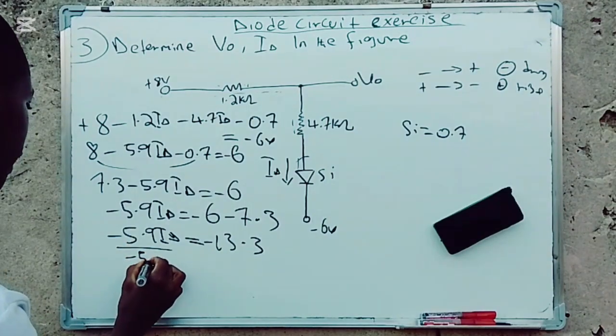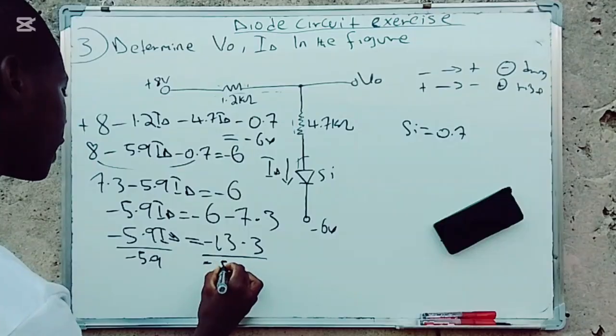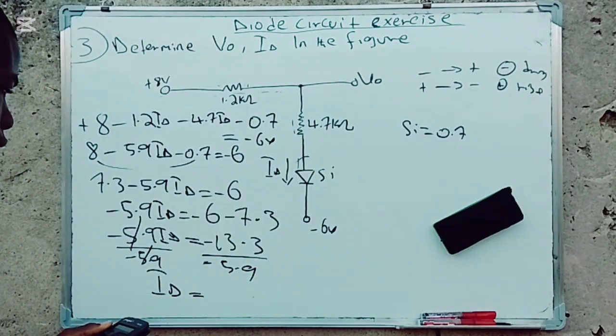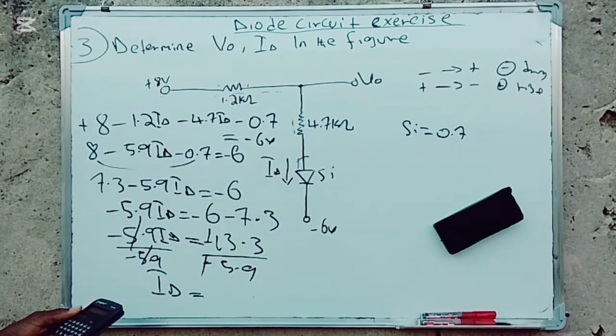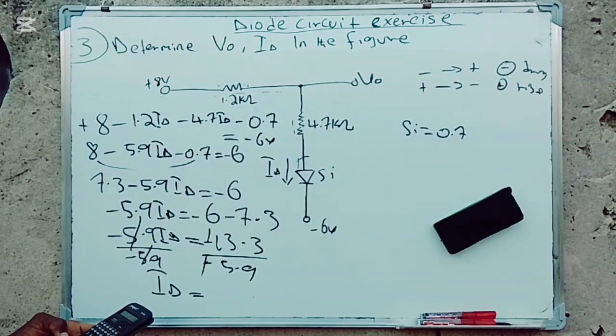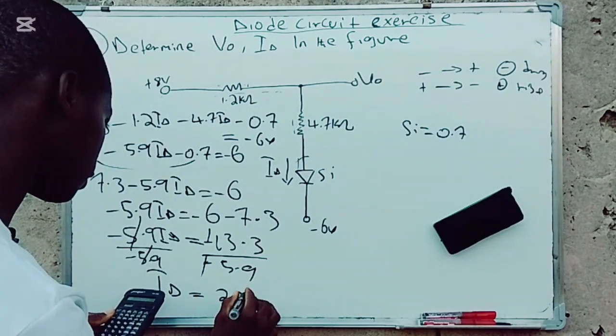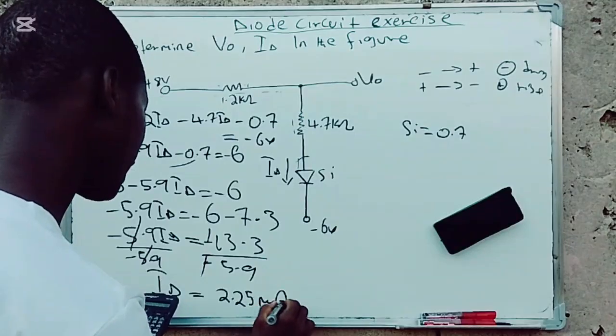If I divide both sides by negative 5.9, the negative will cancel the negative. So ID should now be equal to 13.3 divided by 5.9, which becomes 2.25 milliamps.